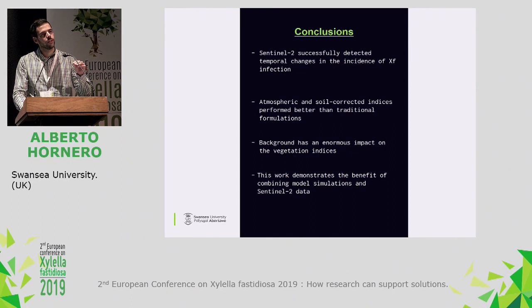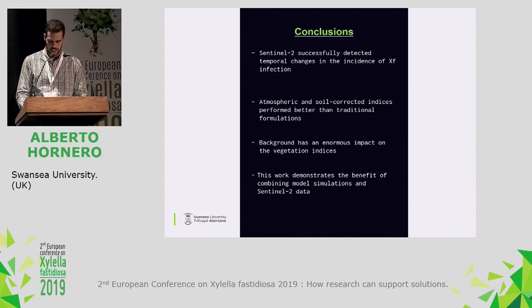However, the confounding effects of the background had an enormous impact on the vegetation indices obtained from the image. This study demonstrates that the 3D radiative transfer modeling and field observations properly explain the temporal variation experienced by both the tree canopy and the background.